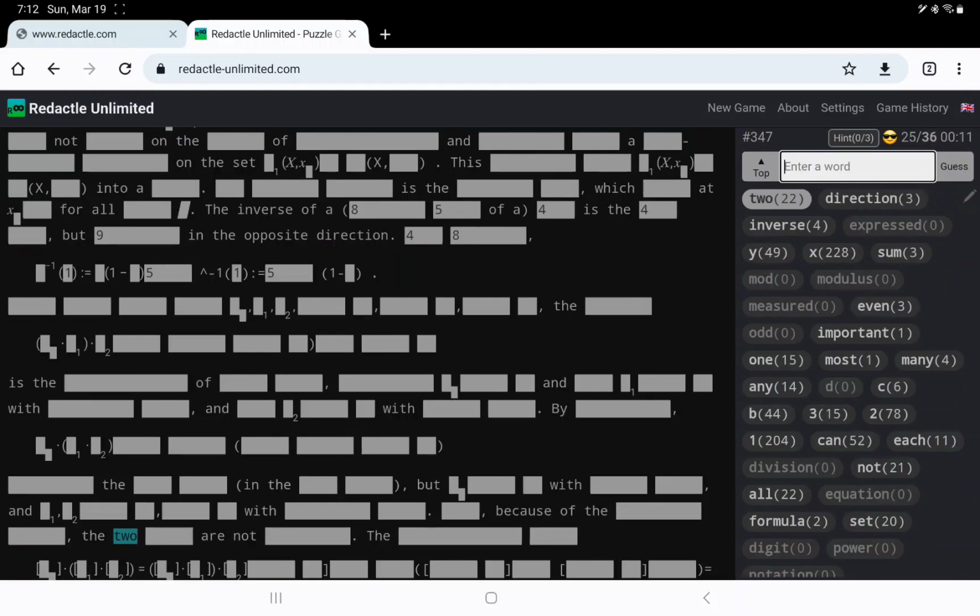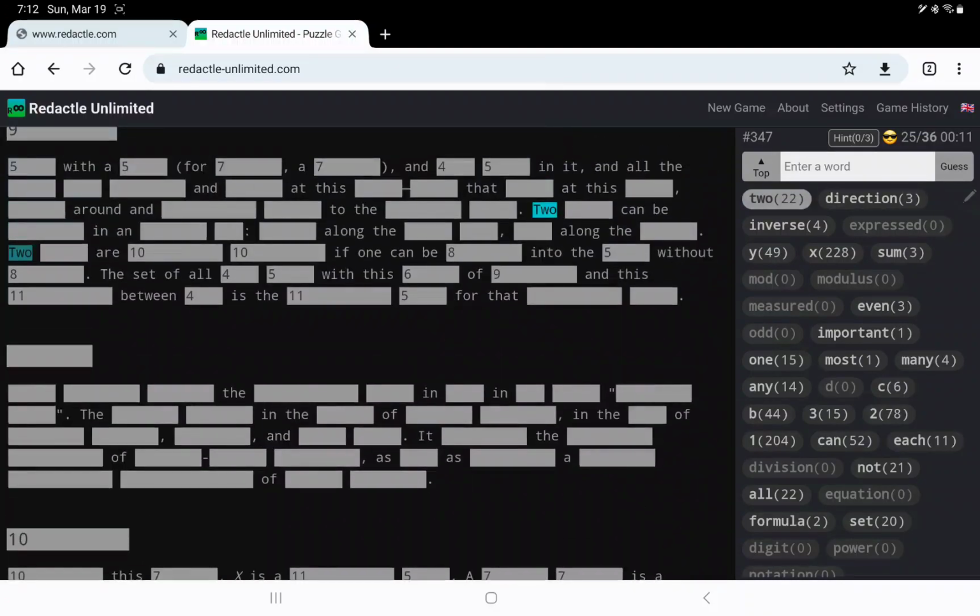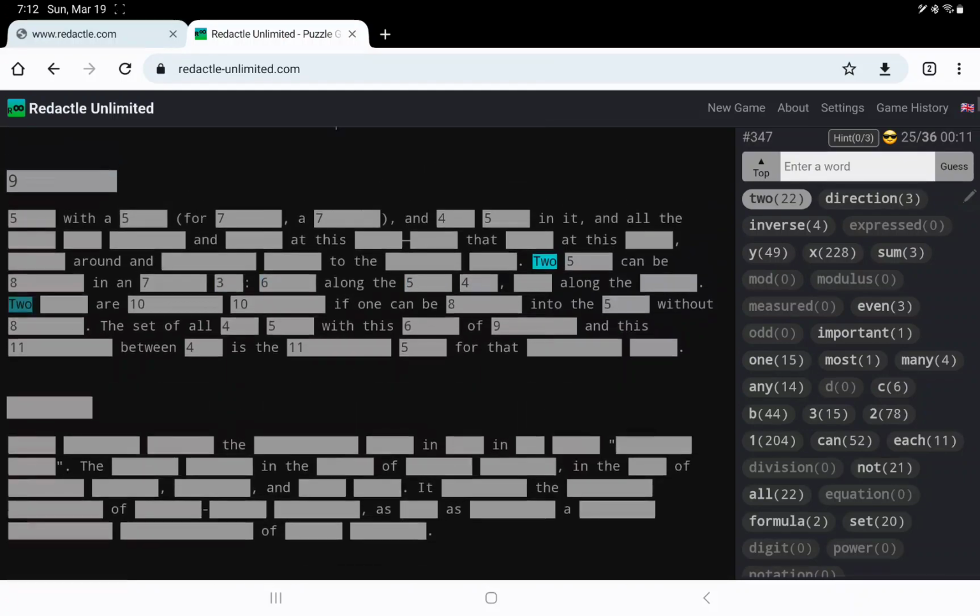Now let's try 2. Oh, a lot of 2s. Actually, there's more 2s. 2, 5 can be 8 in an 7, 3. What is that? Well, that 5-letter word is obviously a plural.